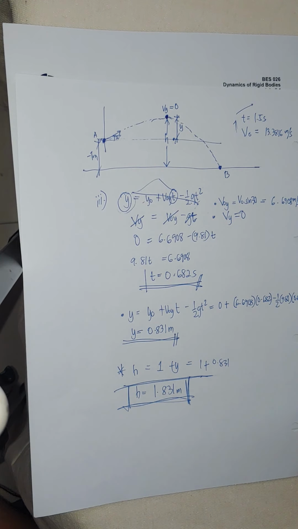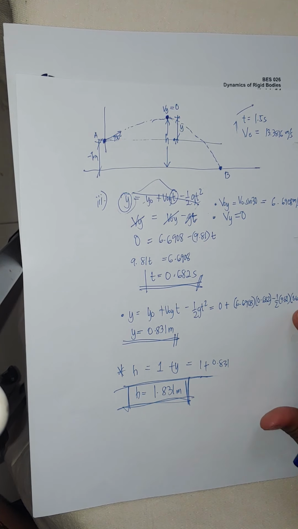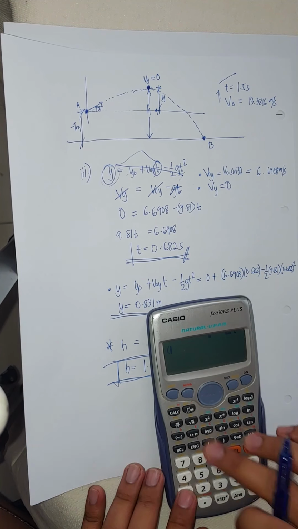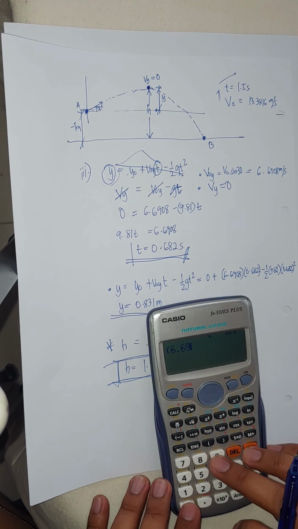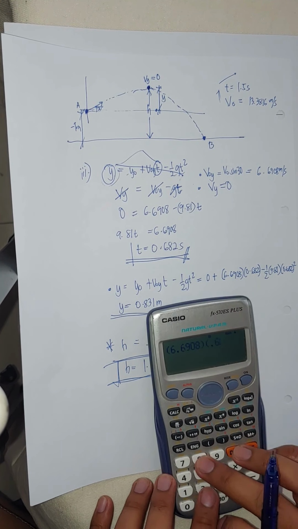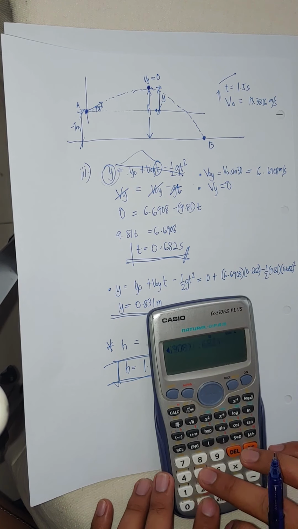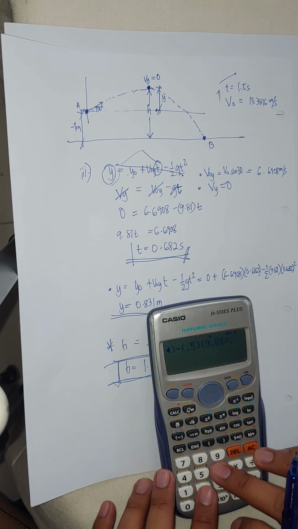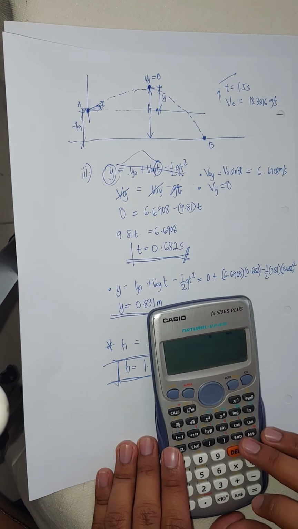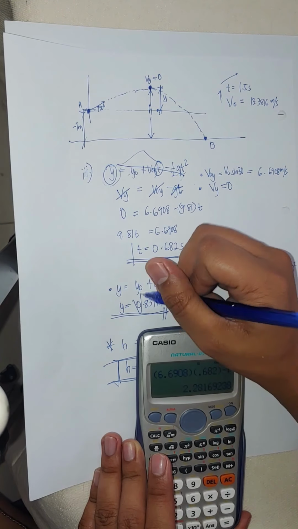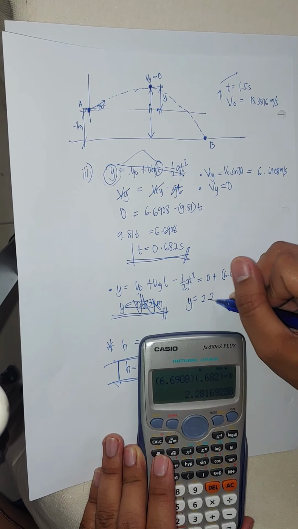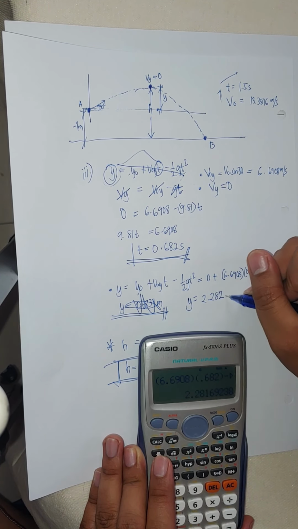Oh, but okay. I have a problem here. I forgot to square this last term. So if we solve it again, 6.6908 times 0.682 minus 1/2, 0.5 times 9.81 times 0.682 squared, we can solve that y is not equal to 0.831, but y is equal to 2.282 meters.